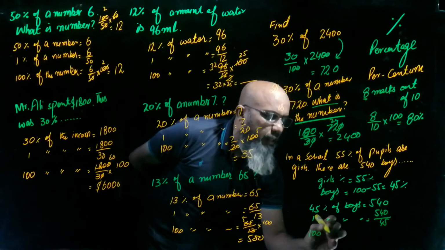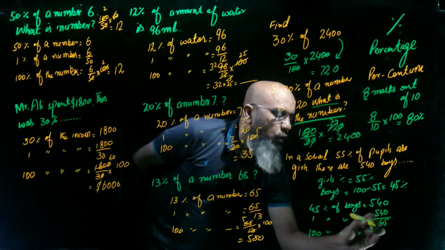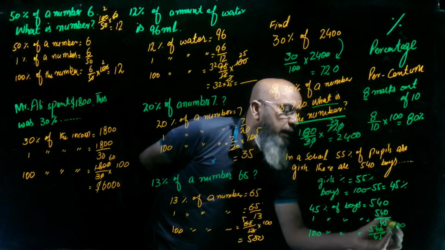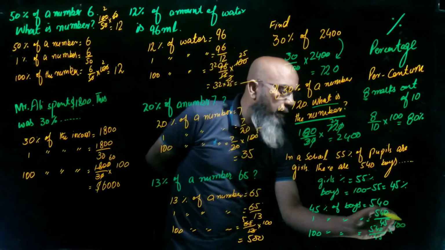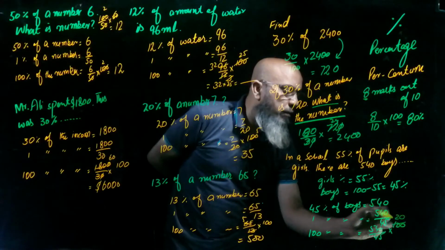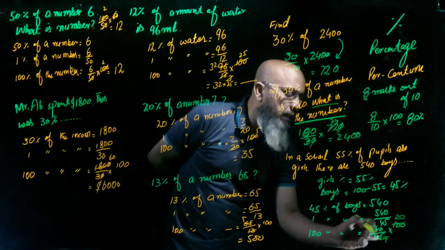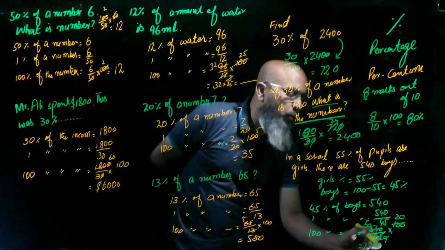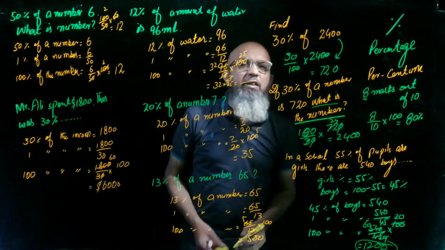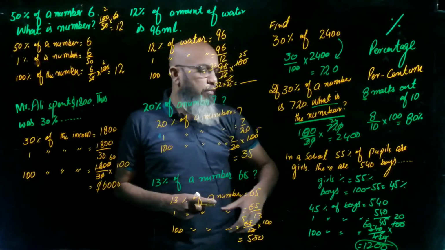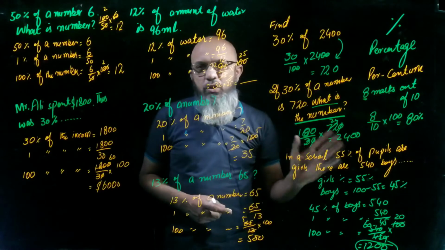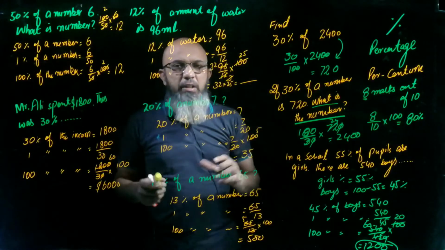And what will be the 100%? So 540 over 45 multiplied by 100. So you can simplify with the table of 5, 20 fives are 100, and 9 fives are 45, and 9 into 60 is 540. 60 multiplied by 20 means the total students are 1200, out of which 45% are boys, that is 540, and the rest, 55%, are girls.